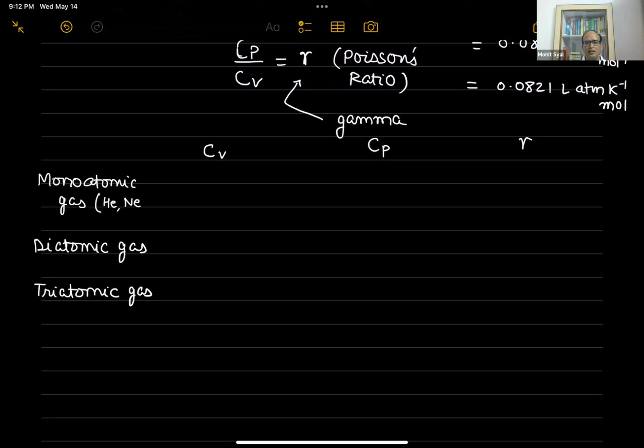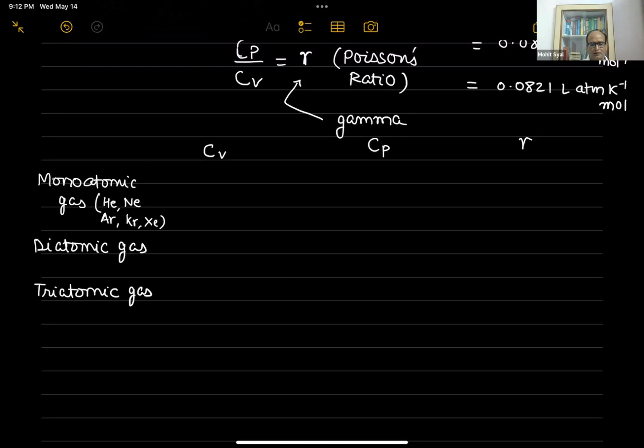Aisha, what could be any other noble gas? Argon, krypton, xenon. Noble gases don't combine with any other atom. Their octet is complete. You must have studied that in your 10th. So they just have a single atom.